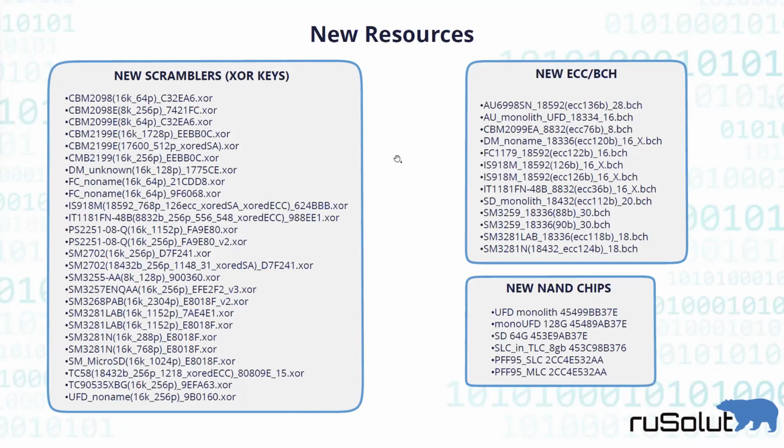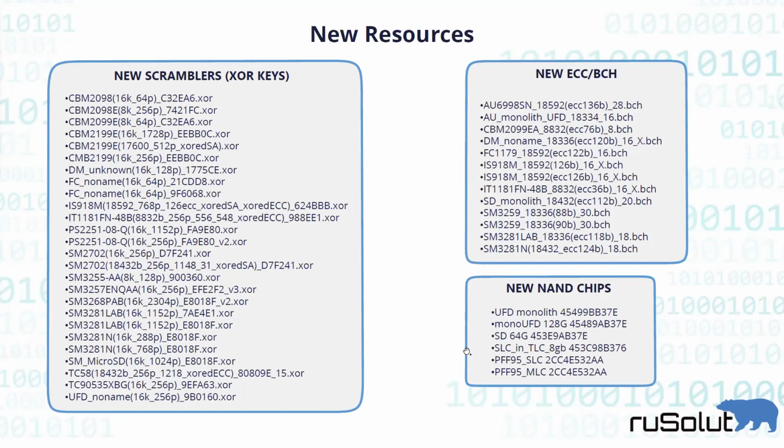Also, except XOR keys, we have a new ECC and BCH files for the correction, and of course, new configurations for NAND memories. In new upcoming VNR updates, you will be able to notice this kind of configurations more often.